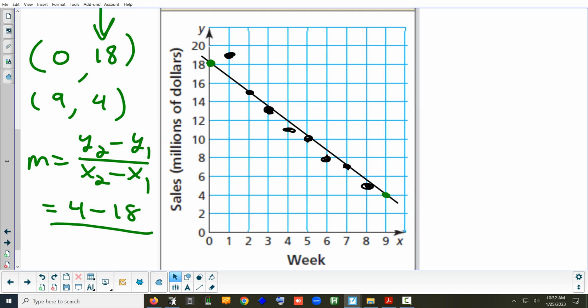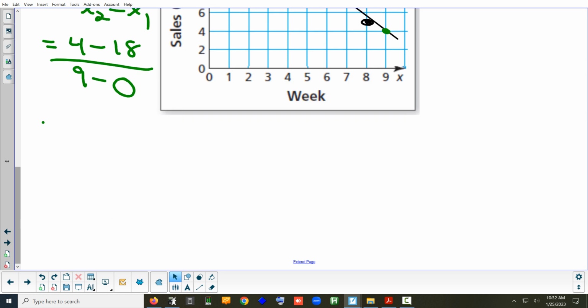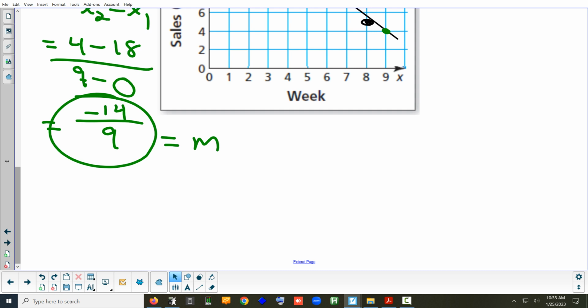What's my second x value? 9. And what was my first x value? Yep, 0. Okay, 9 minus 0 is just 9. And what's 4 minus 18? Negative 14. Not a nice number, but we're just going to leave it like that. That's my slope.